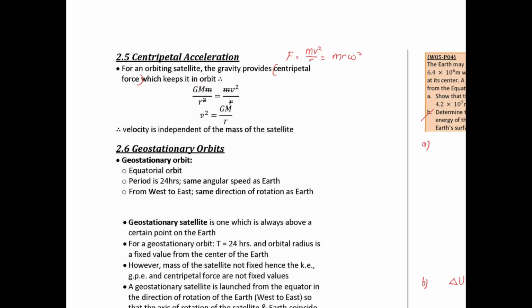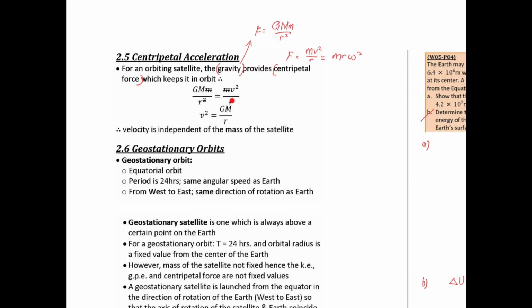It comes from gravity. Gravity is F equal to GMm over r square. And because of that, we can equate the gravitational force with the centripetal force.